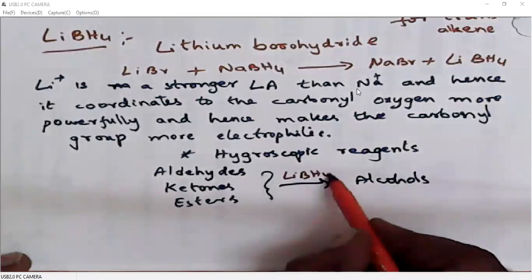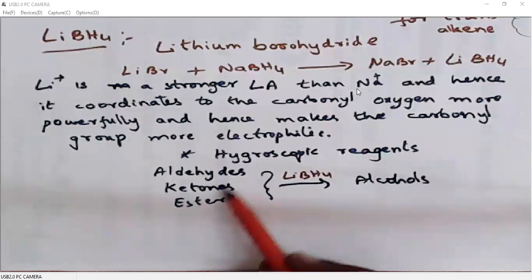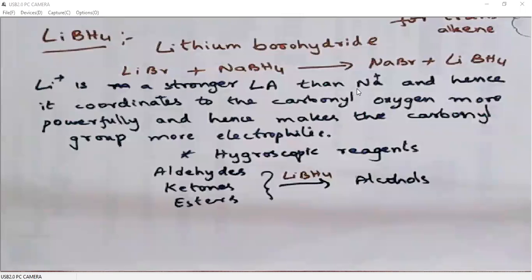In the previous case, sodium borohydride can only reduce aldehydes and ketones, but it will not reduce esters. Because lithium borohydride's reactivity towards carbonyl groups is increased, it can also reduce esters to the corresponding alcohols. I'll just give one example for this.